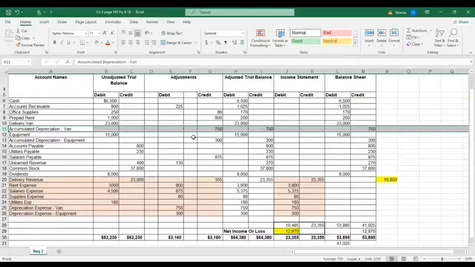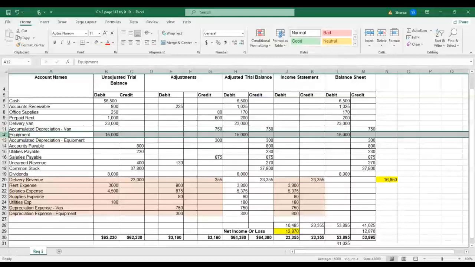And then we adjusted for our depreciation. Depreciation took place within this period of $750. So on our adjusted trial balance, we're going to credit $750 for accumulated depreciation.